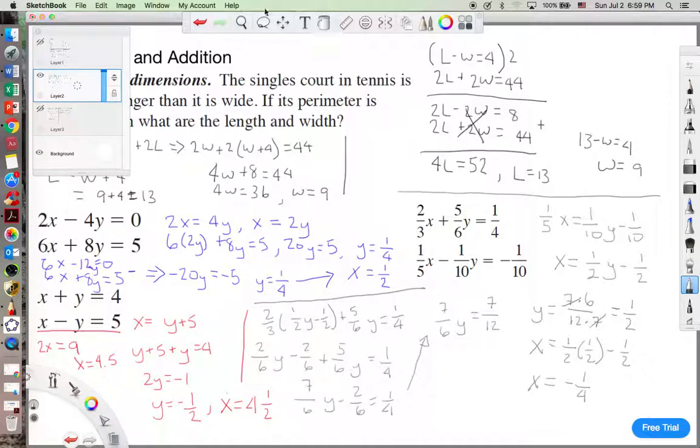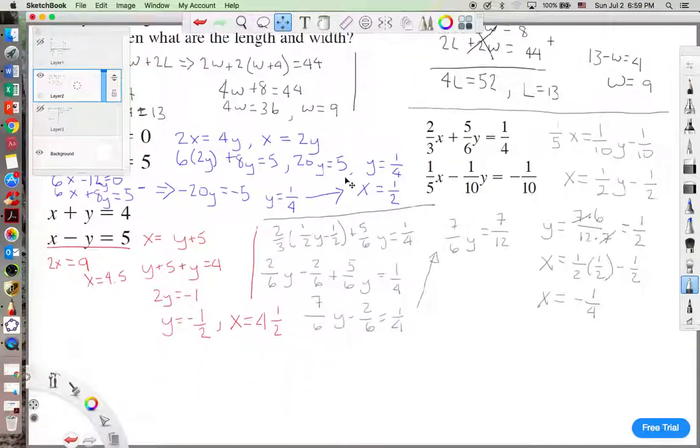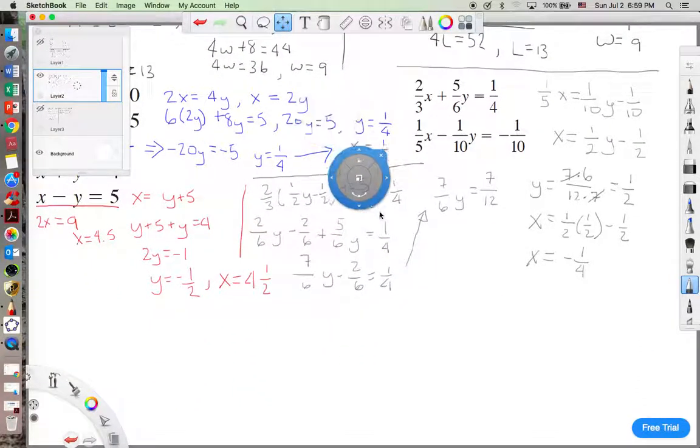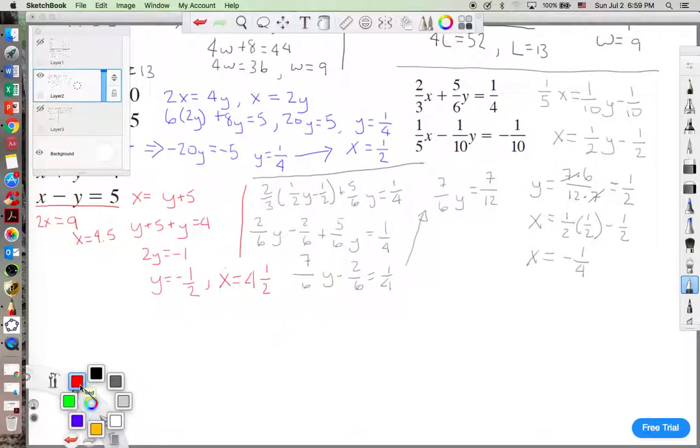All right, so a little bit messier, a little bit less easy, but not impossible all the same. And just for the sake of consistency, let's go ahead and do the addition method here. Sometimes we can't really come up with an easy way to get these coefficients to be the same.